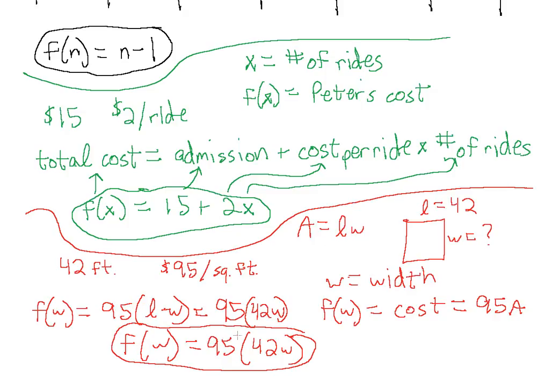He's charging $95 per square foot, and each square foot is given by the formula for the area of the house, 42 times the width. He wants it 42 feet long, so he can plug in various widths to actually get the cost of using this contractor. And we're going to leave it like this in case he wants to compare prices.